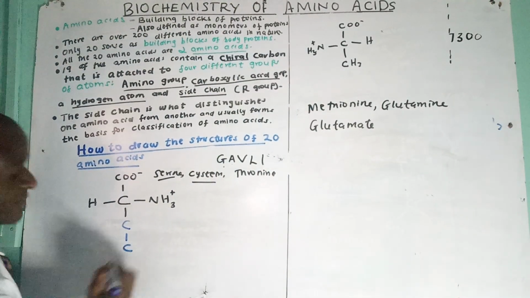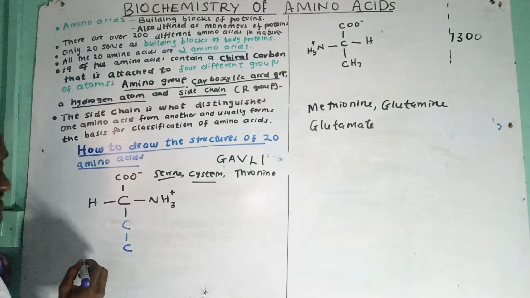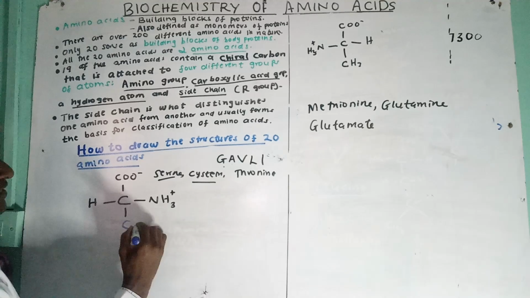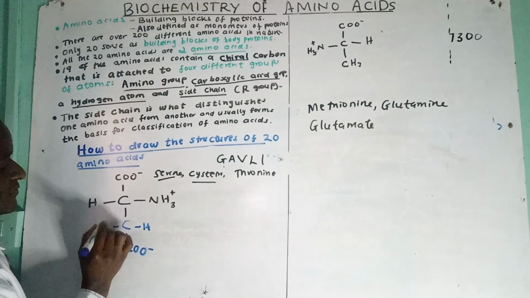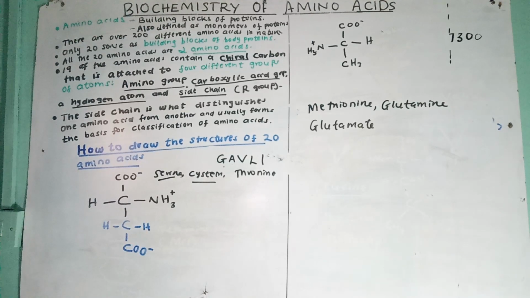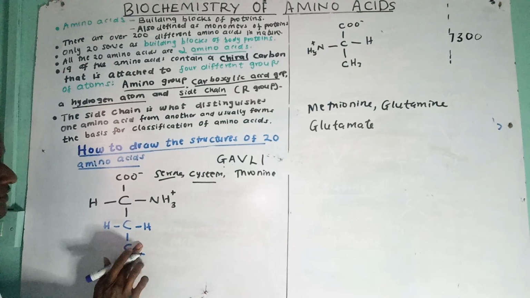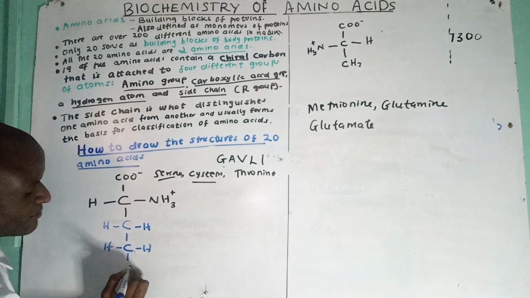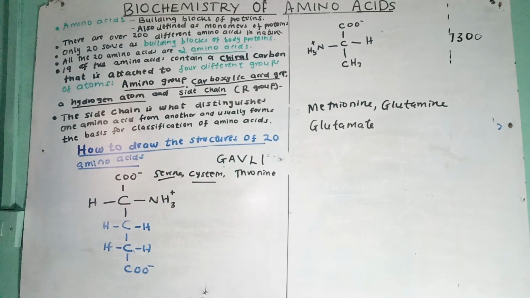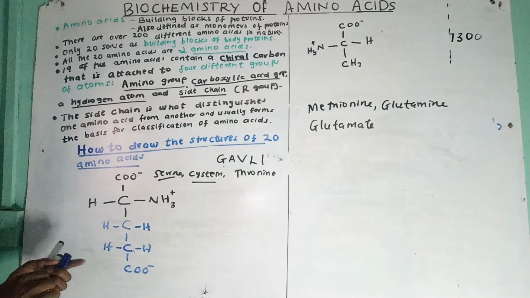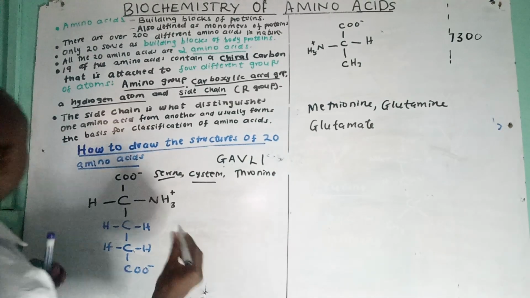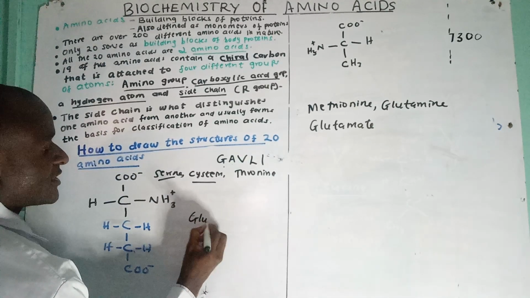So for us to draw the glutamate, we know that this is an acid and the CH2. So these are two CH2s like that, then the carboxyl group like that. So that is glutamate.